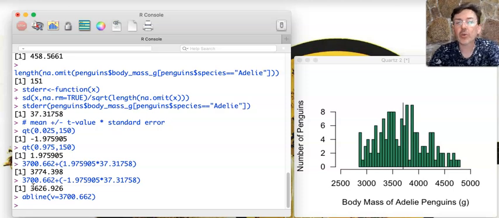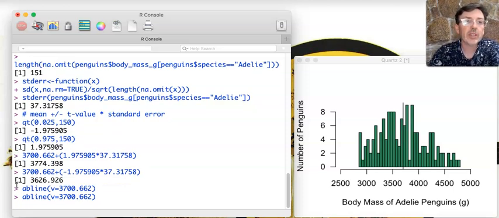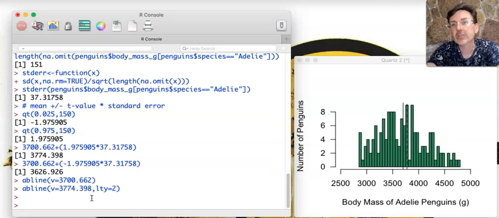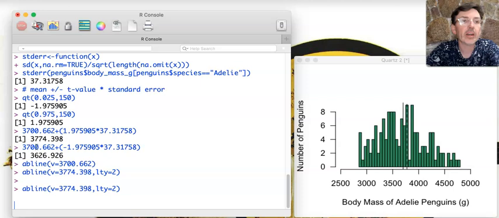And if I want to show the 95% confidence interval, I can put my lower confidence interval, my upper confidence interval, and I would put line type 2, just to make it easy to see, and my other one, which is 3,076.